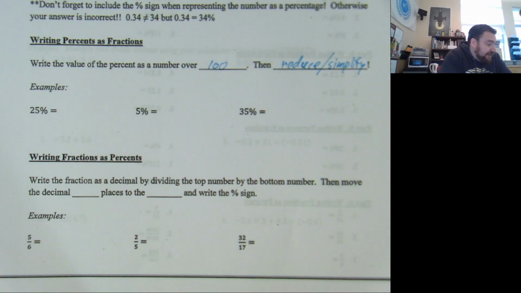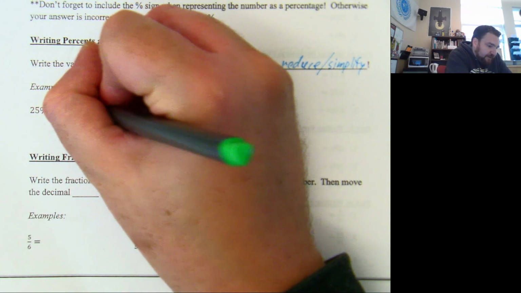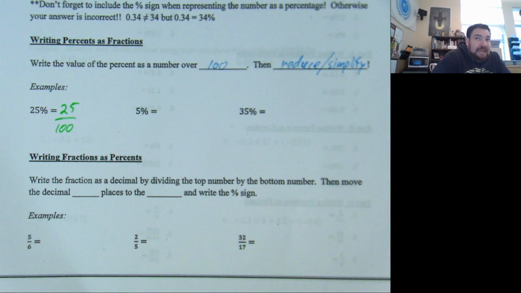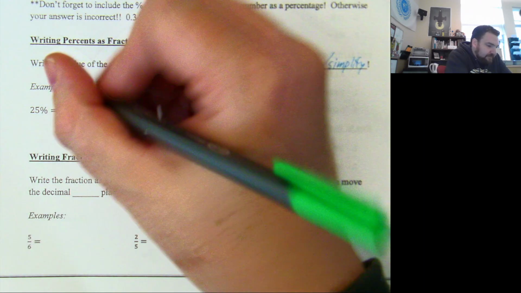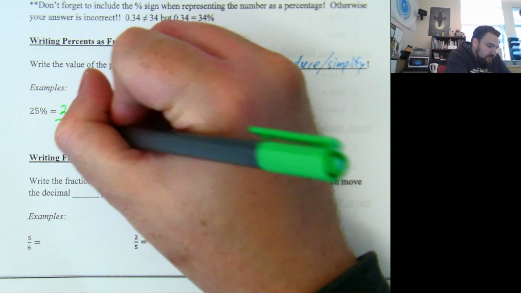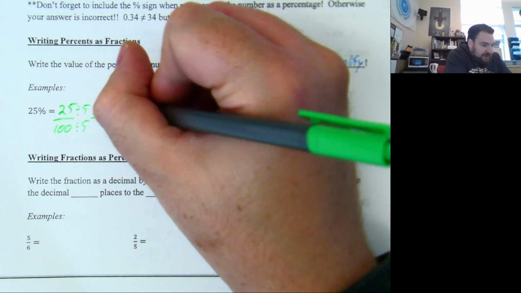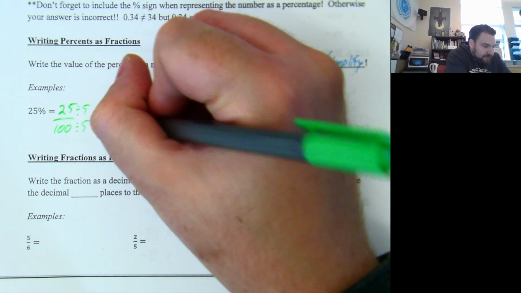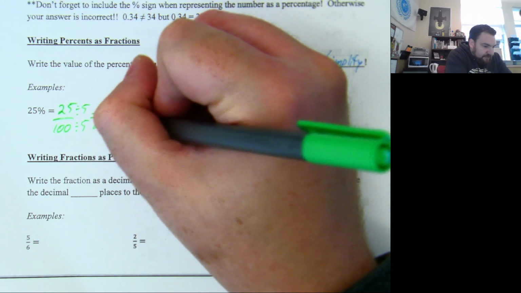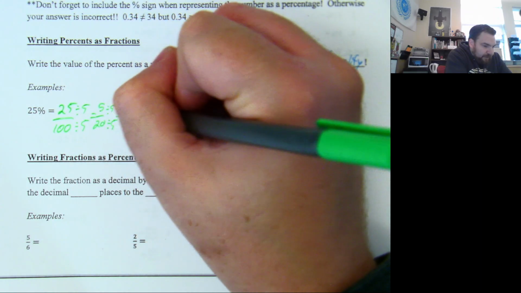So 25% is just going to become 25 over 100. And I think we've already done this reduction already. Both of these are divisible by 5. So it's going to become 5 over 20. I can divide by 5 again, and it's going to become 1 over 4.